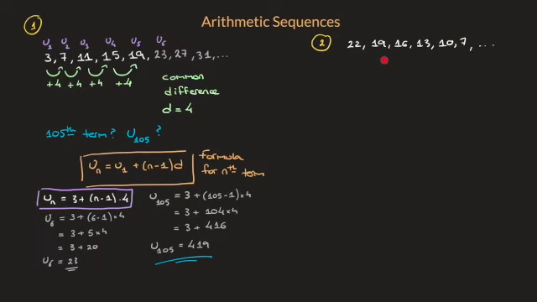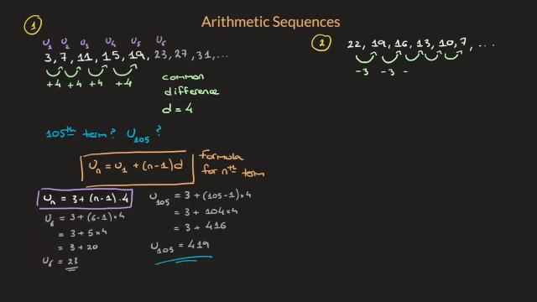Now, this again is an arithmetic sequence, and as we go from one term to the next of the sequence, from left to right, we're not adding the same amount, but instead we seem to be subtracting the same amount each time. Indeed, to get from 22 to 19, I'm subtracting 3, and to get from 19 to 16, I'm subtracting 3 again.